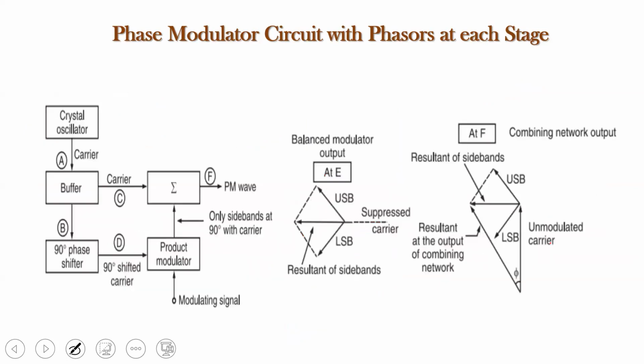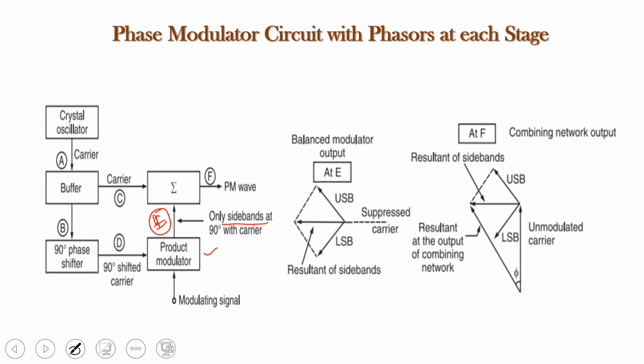Next, E is nothing but this point. This is E. At this point E, that is the output of the product modulator, we are going to get only the sidebands. The carrier will be suppressed. We are going to get sidebands, both upper as well as lower sidebands.